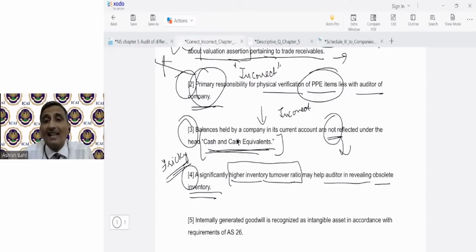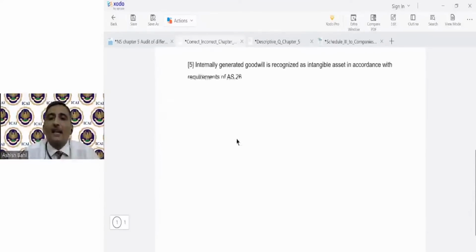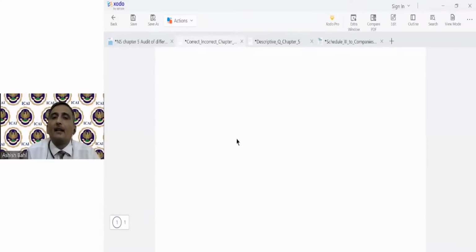Only Suman Goel has given the correct answer. Students, you have to read between the lines, you have to understand the question carefully. First, what is the meaning of inventory turnover ratio? Rahul is saying that please explain it with an example, so I explain.